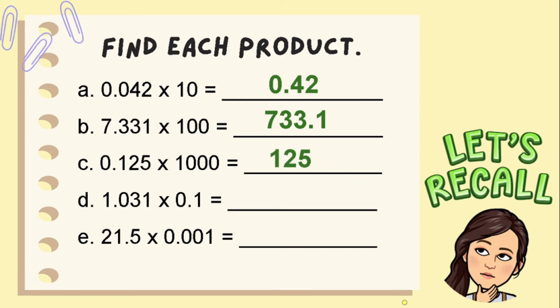Letter D, 1.031 times 0.1 is? Alright, 0.1031. And lastly, 21.5 times 0.001 is equal to? Yes, 0.0215. Did you get all the answers right? Well, I hope so, because this is a prerequisite concept of our lesson for today.